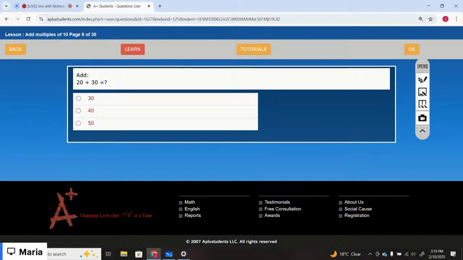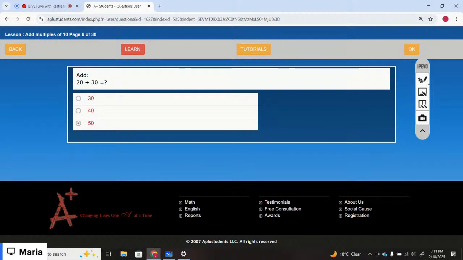30 plus 20, which is the correct option? 30 plus 20 is 50.